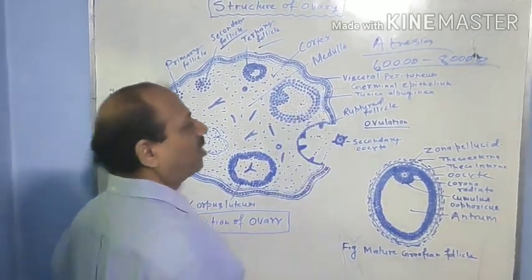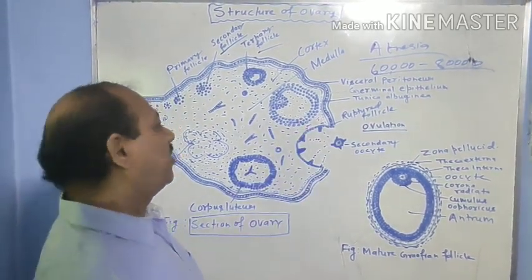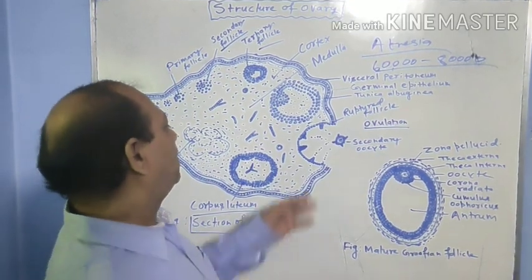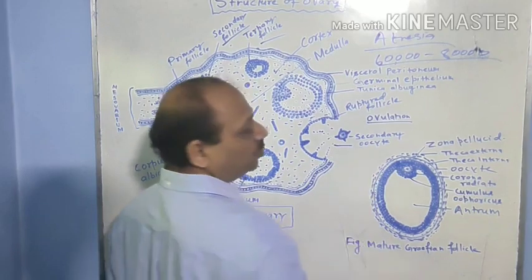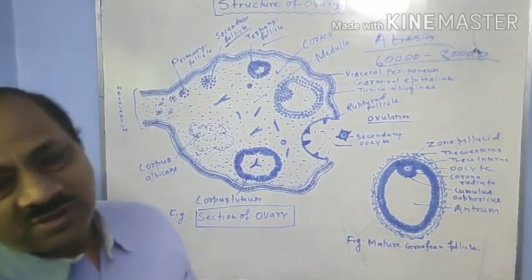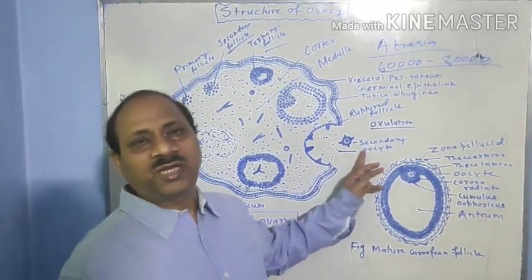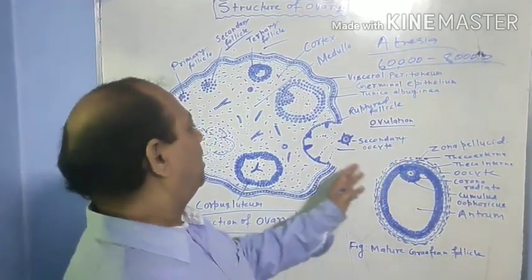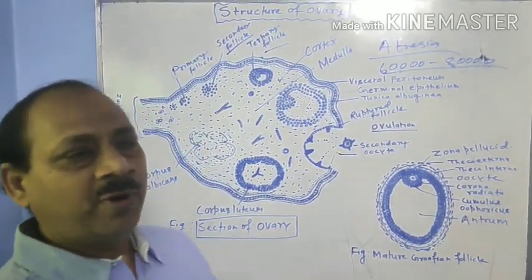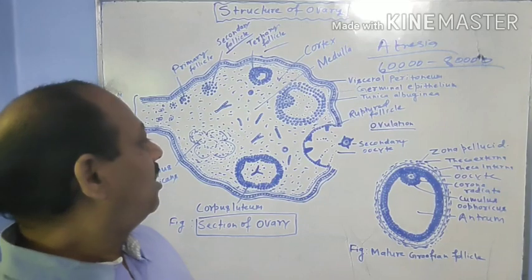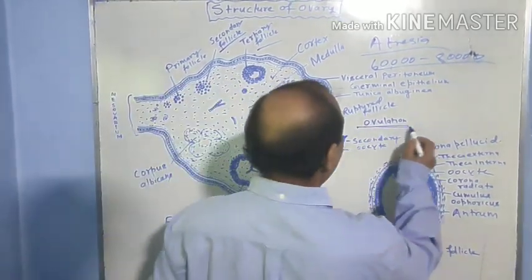This is Graafian follicle. A Graafian follicle when matures, it bursts, releasing secondary oocyte. Ovum is released in the form of secondary oocyte. The release of ovum in the secondary oocyte stage is known as ovulation.